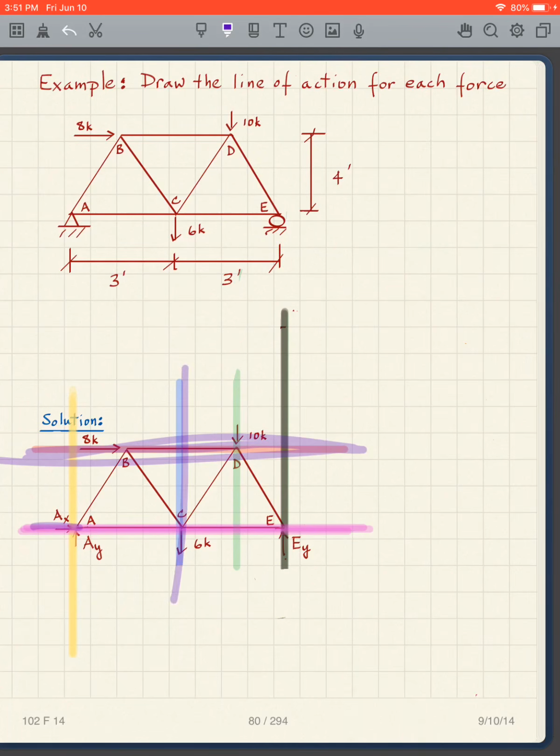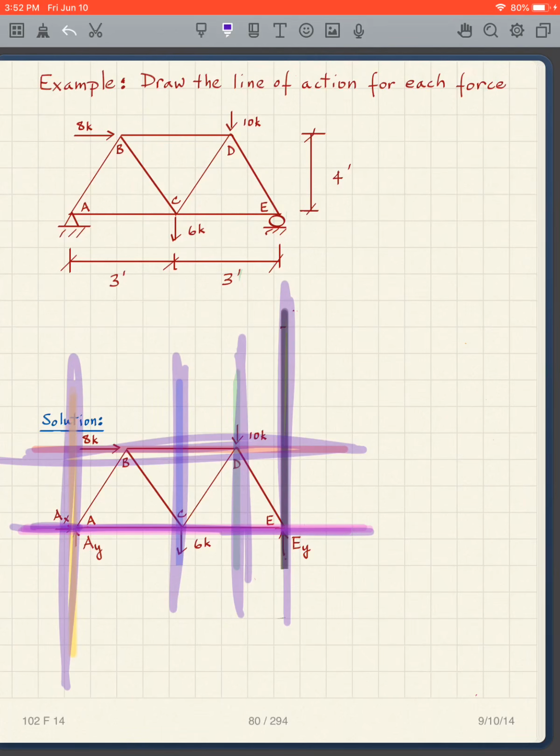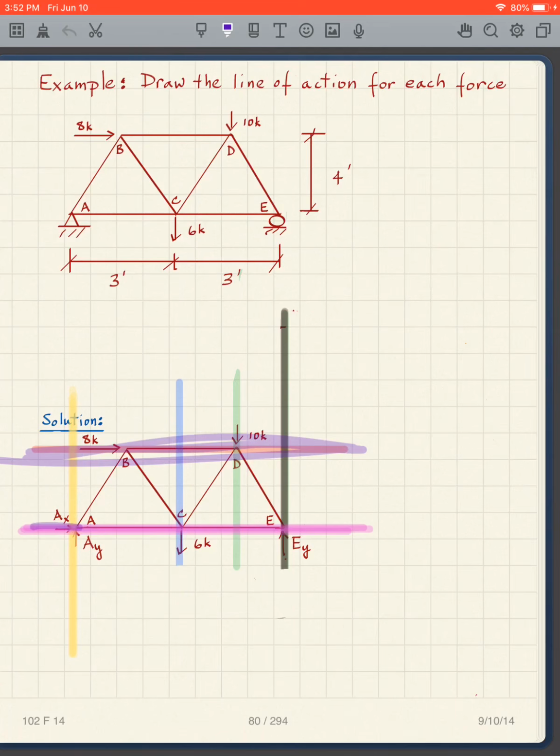The 6 kip load, it's there. The 10 kip load, it's there. EY is there. AX is here, AY is here. So those are all the lines of action. Quite straightforward. To draw the lines of action of all those loads is quite simple, as you can see.